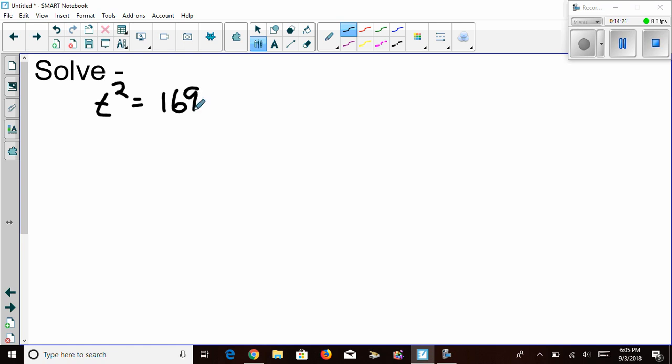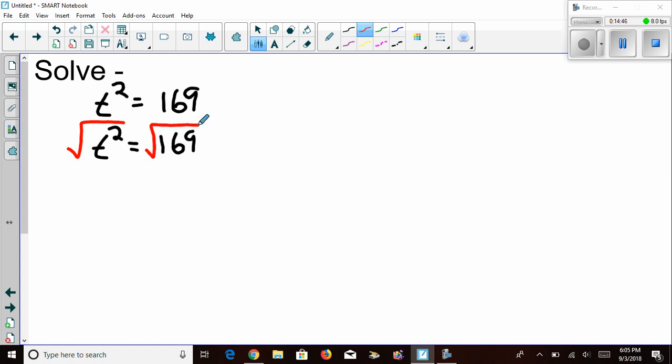And I want to know what t equals. Well, to find that, I'm going to rewrite the problem first. And then I'm going to apply our new skill of finding the square root.